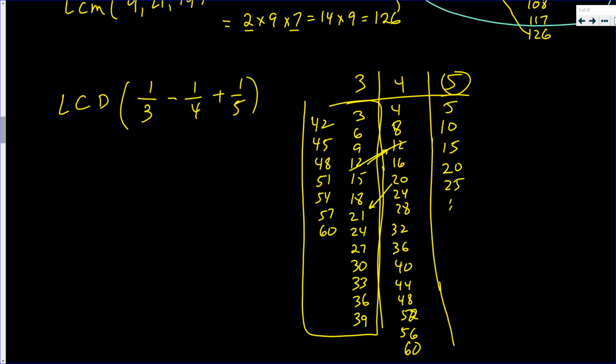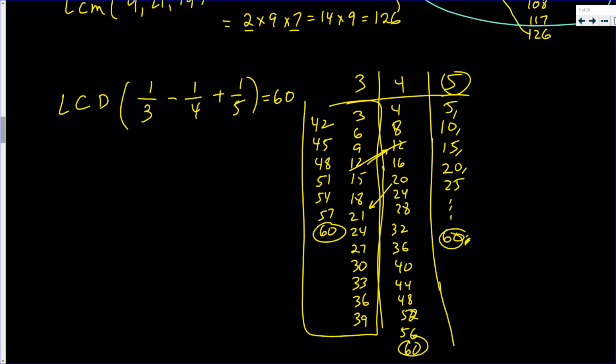And I know eventually the 5 table will have 60, because the 5 times table has every number that ends in 5 or 0. So 60 is the answer. It's 60.